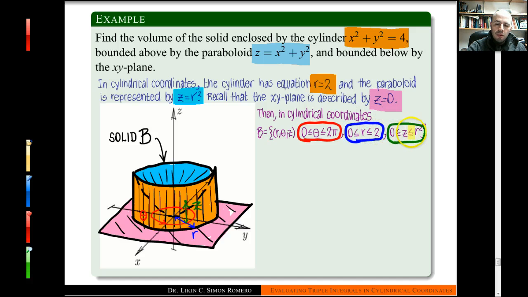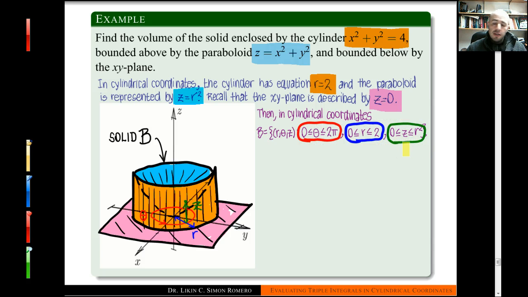And z moves between 0 and r squared, and that's just because z is going to stop once you get to the paraboloid that is the blue one over here. The blue paraboloid has equation z equal to r squared. And that's the way you have it.